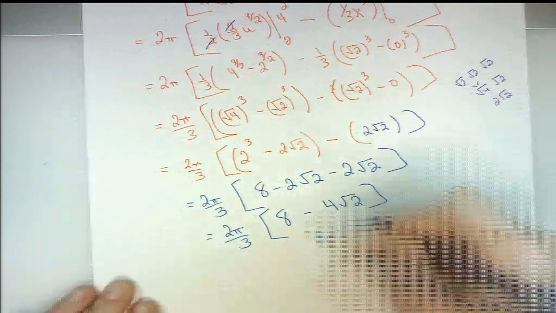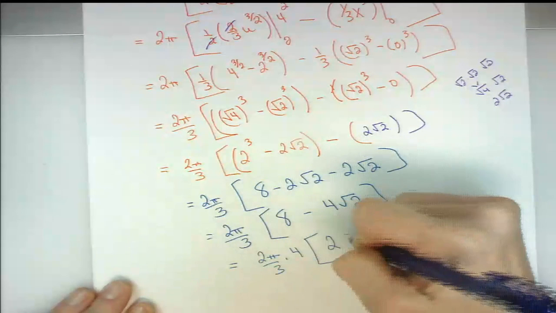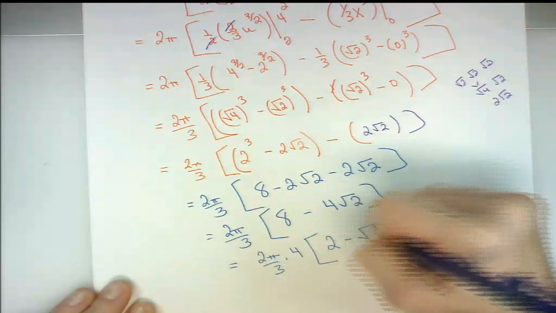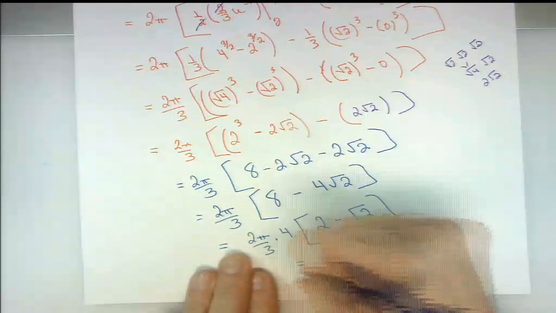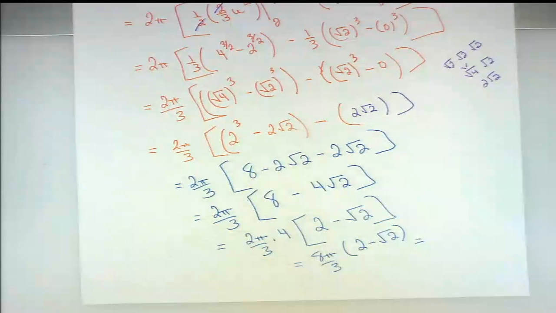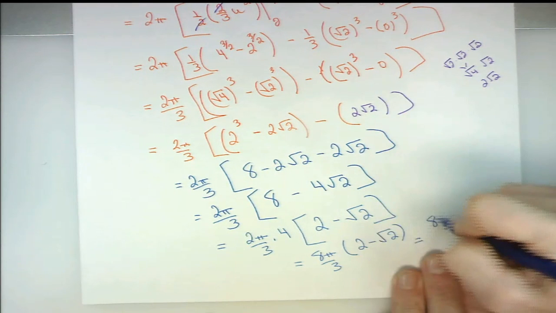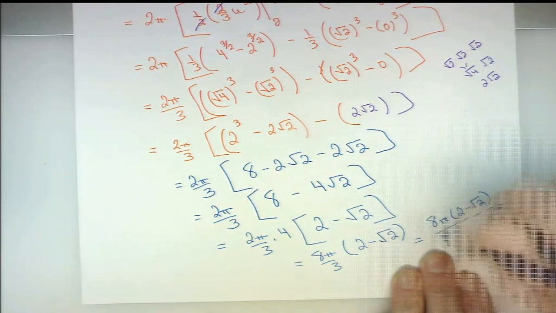So I'm going to say 2 pi over 3 times 4 times 2, pi over 3 times 2 minus the square root of 2. And remember, the final answer has to be a single quotient. Final is 8 pi in the numerator times the 2 minus the square root of 2 in parentheses, all divided by 3.